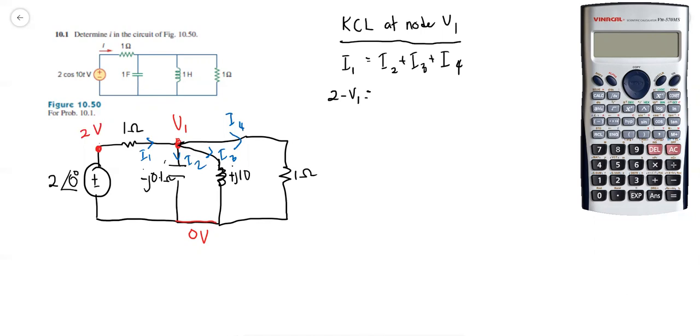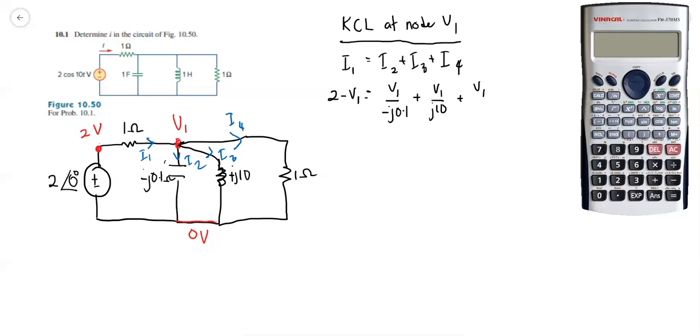And I2 is V1 over negative j 0.1, plus I3 is V1 over j 10, and I4 is V1 over 1 ohm.